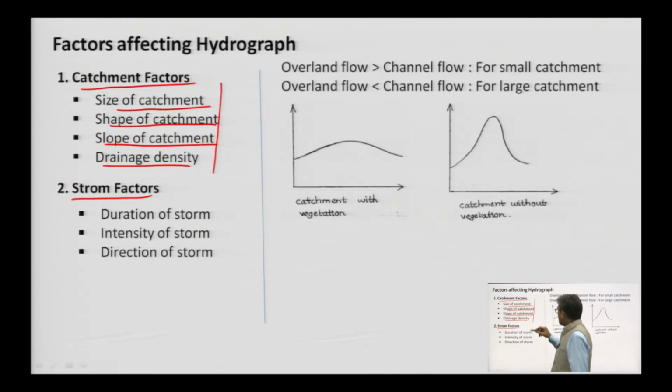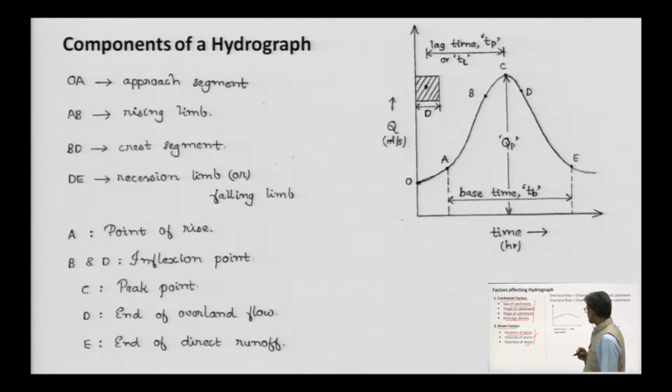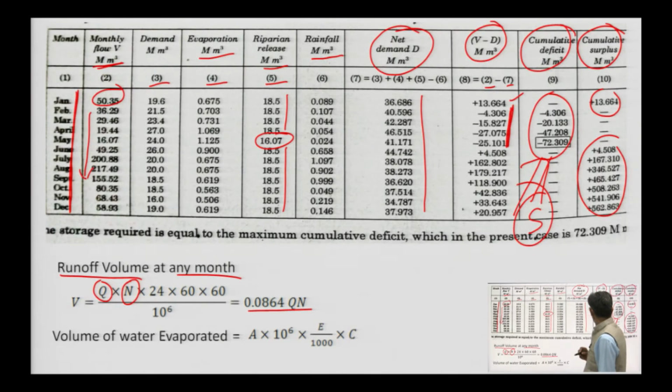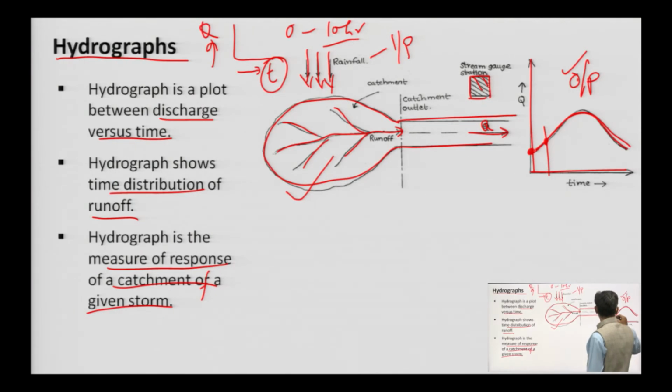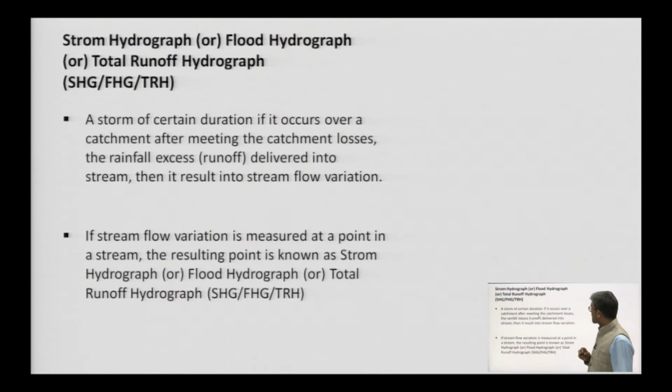On these parameters the discharge, the output due to the storm, will be affected. Storm factors are the duration of the storm, the intensity of the storm, and the direction of the storm. The discharge will be affected by these parameters.